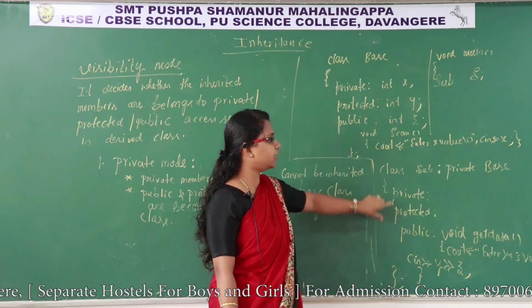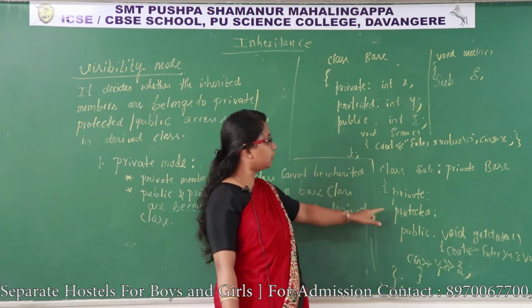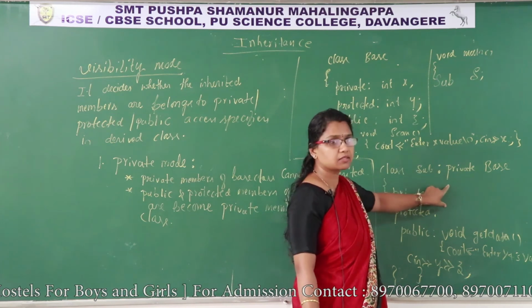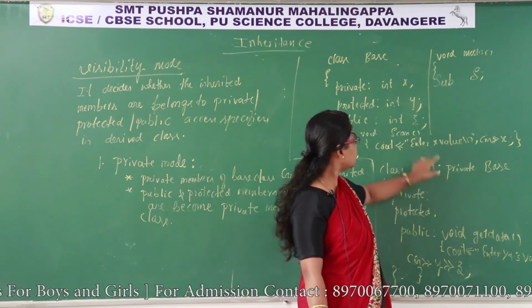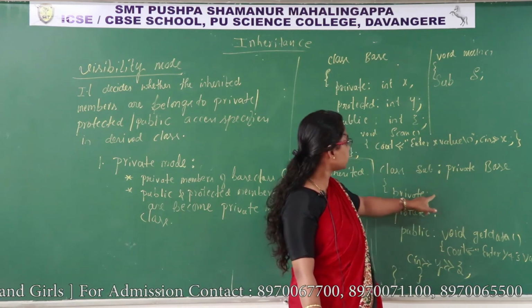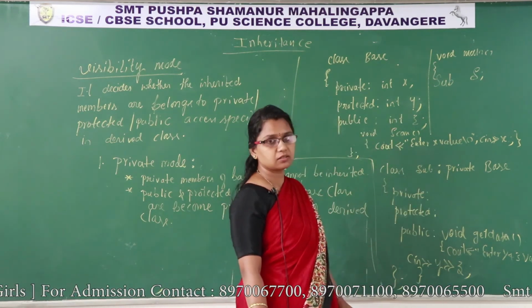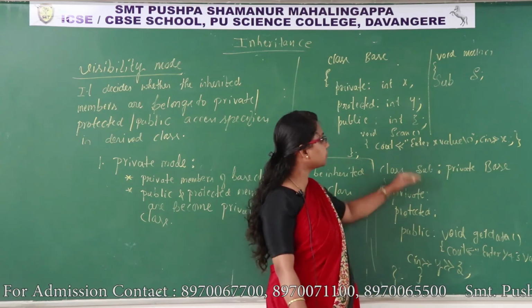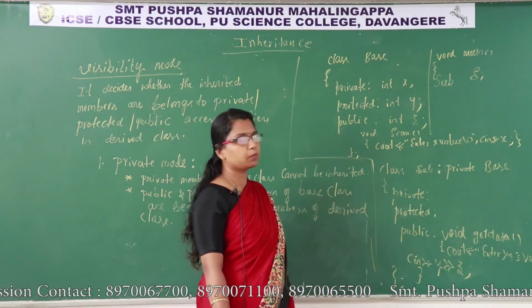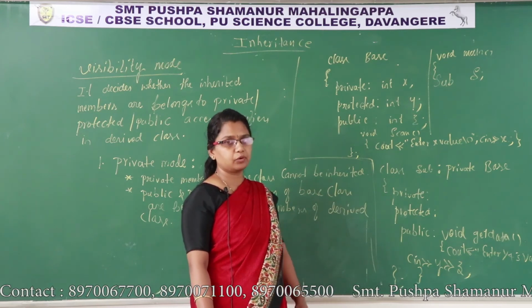This function is inherited to the derived class. But this function belongs to which access specifier of the derived class? Private access specifier. Is it possible to access scan directly from s? No. A private member cannot be accessed through a non-member function. I hope you are understanding.